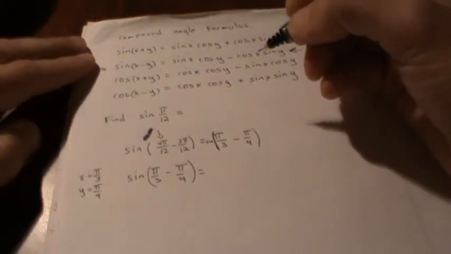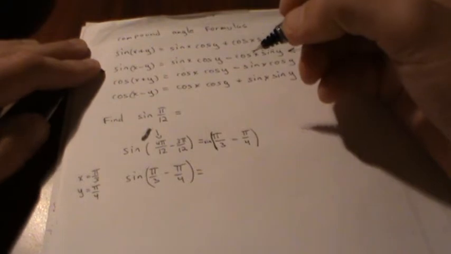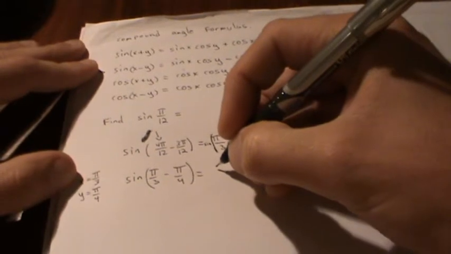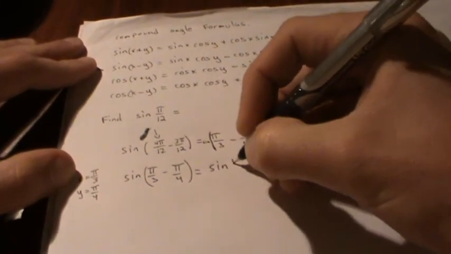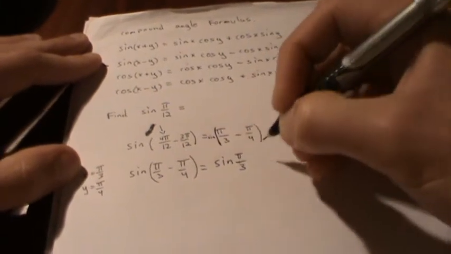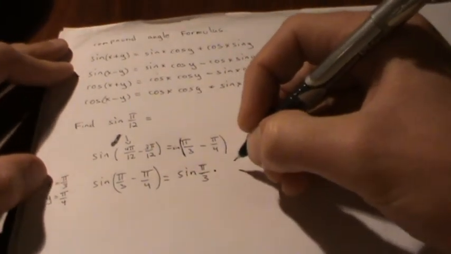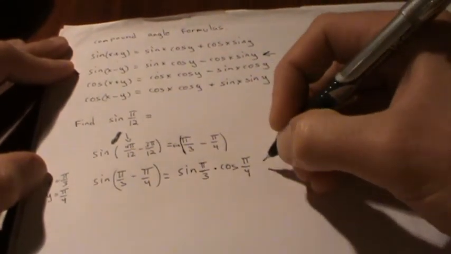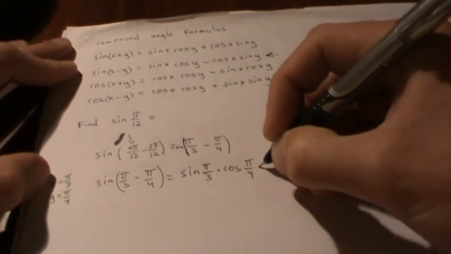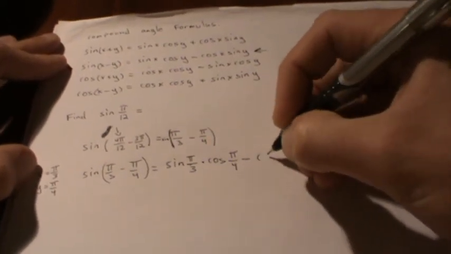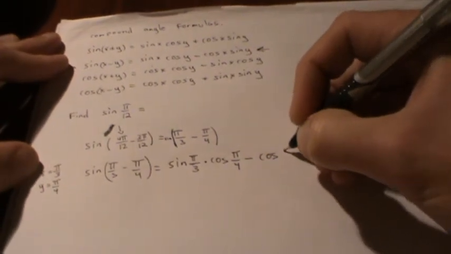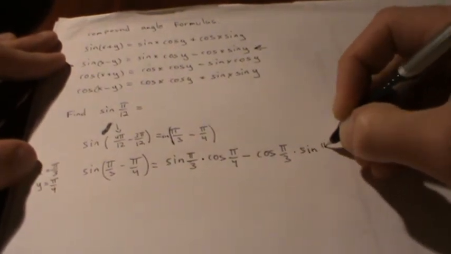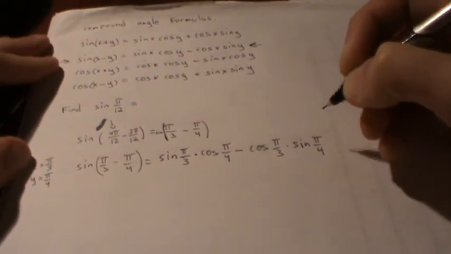And so I can rewrite them, and now I'm just going to say that this whole thing is actually equal to the sine of x, x is pi over 3, times the cosine of pi over 4, minus the cosine of x, x is pi over 3, times the sine of pi over 4.